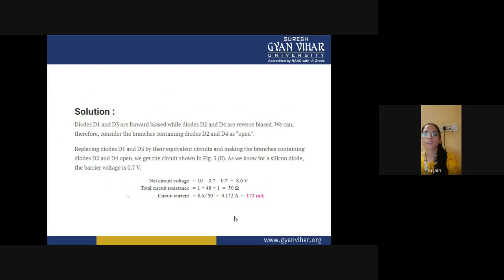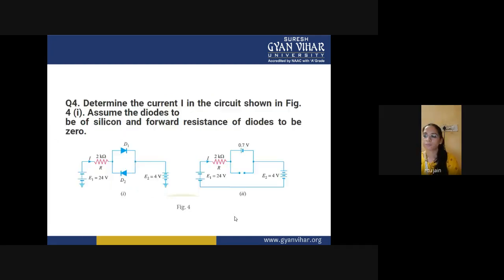Now, the next question is: determine the current I in the circuit shown in the figure. Assume the diode to be of silicon and the forward resistance of the diode to be 0. Okay.